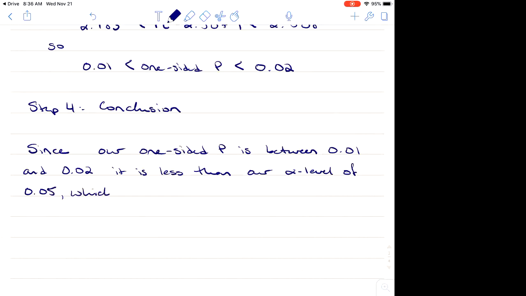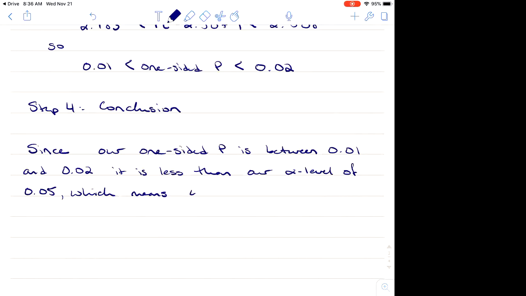Which means, if the p is less than our alpha level, we have enough evidence to reject H naught. We always have to state our conclusion in terms of H naught. Why? Because we've done all our testing assuming H naught is true, so it has nothing to do with HA until the very end.